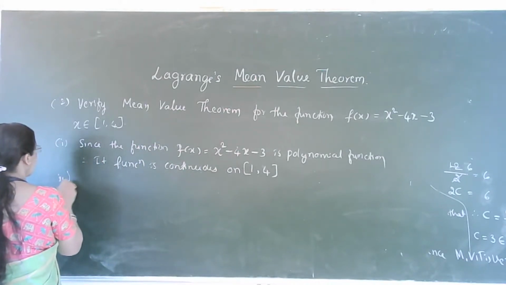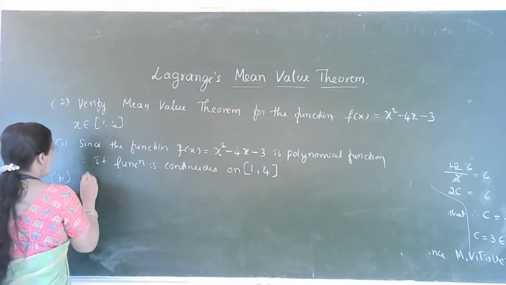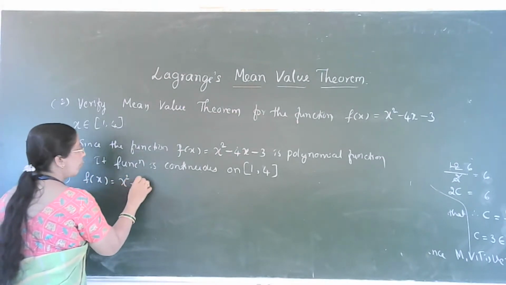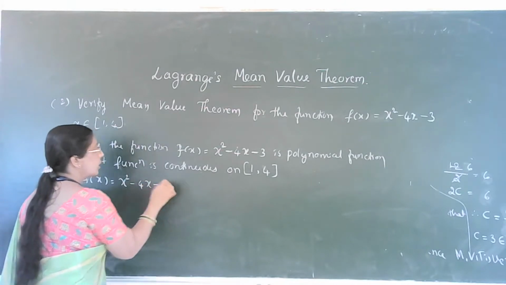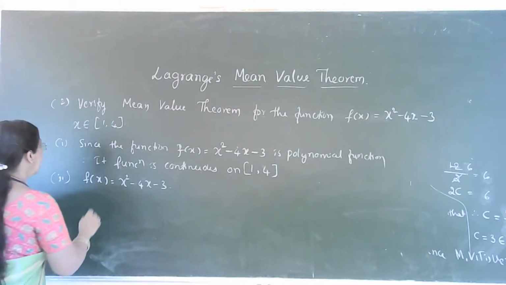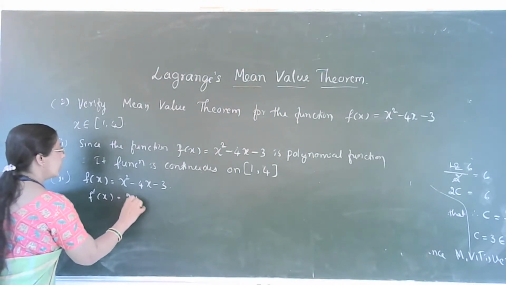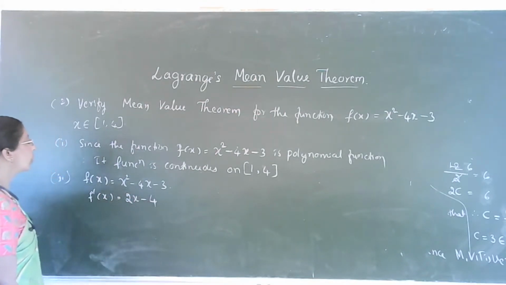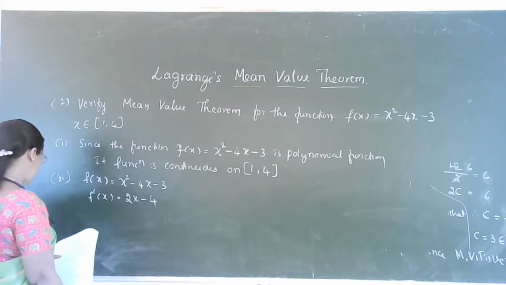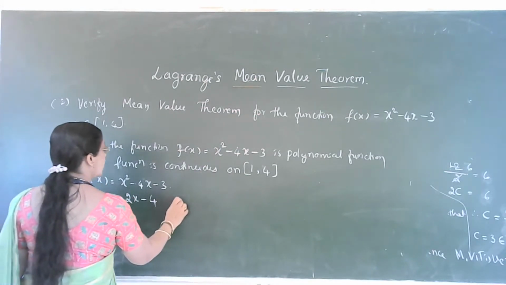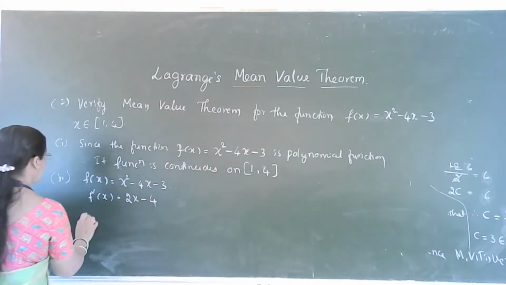Then second step: f of x is equal to x square minus 4x minus 3. Here f dash x is equal to 2x minus 4, which is differentiable.